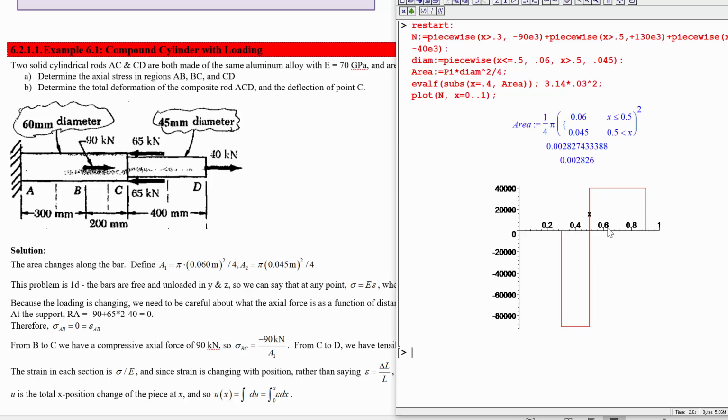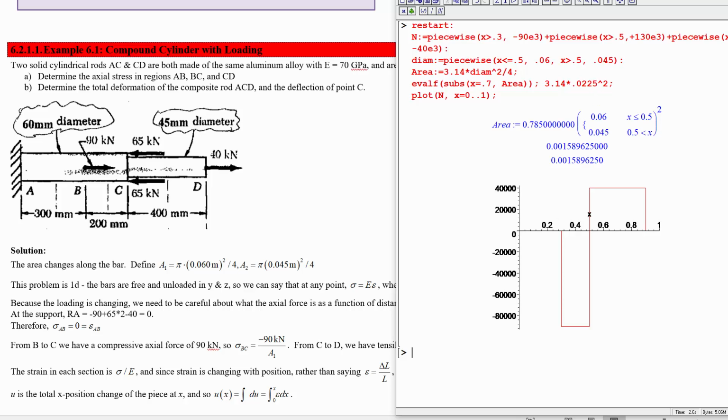Do we get the same thing? Yes. What if we put in a different x? X is 0.7, the one that's in the second part, and we put in half of 45, 0.0225. Yep, looks good as well. Okay, the differences are because we used real pi in here instead of 3.14. If we use just that, then we should get exactly the same thing.